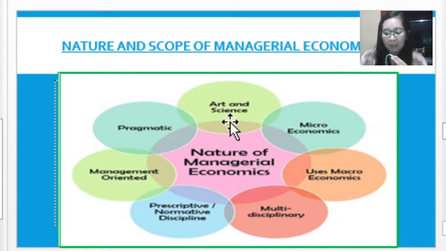The next is that managerial economics is said to be prescriptive or part of the normative discipline, because managerial economics aims to achieve a particular solution to the business problem, and it also deals with situations or problems by implementing corrective measures.